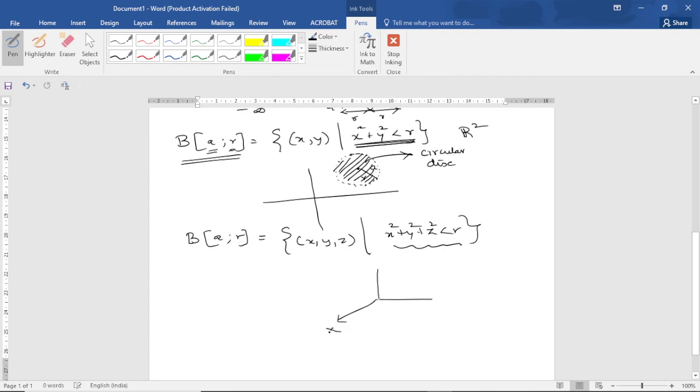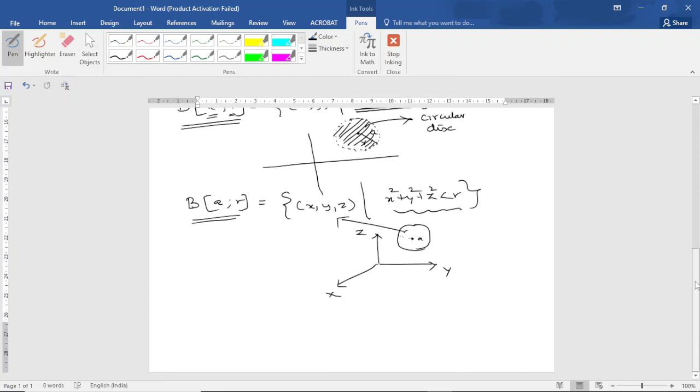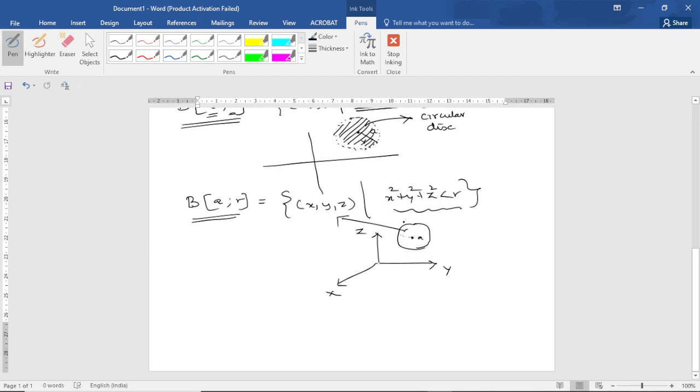Suppose x, y and z are real axes mutually perpendicular, and there is a sphere with center A and radius r. All points inside this sphere come inside this set. We call that the open ball with center A and radius r, and like this we can extend to n dimensions. Sometimes in a metric space we deal with many different kinds of elements.